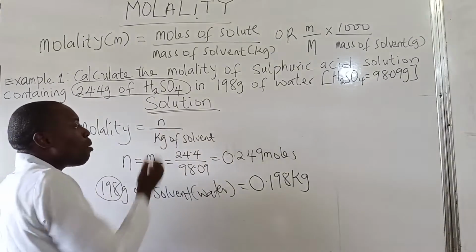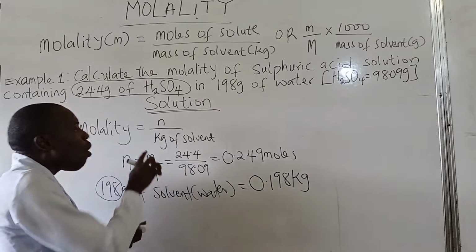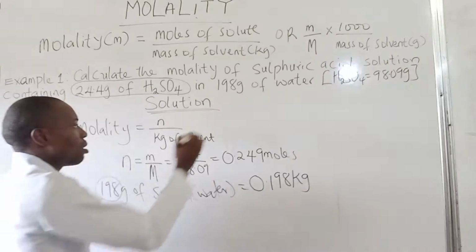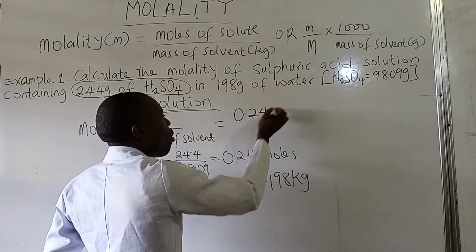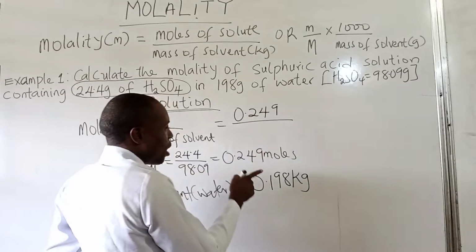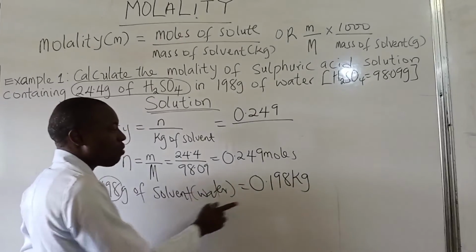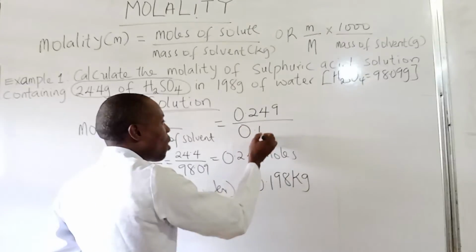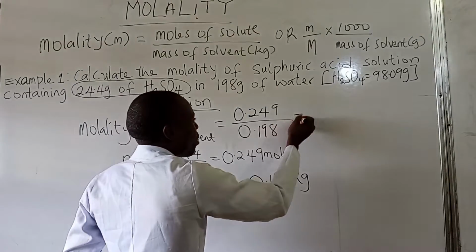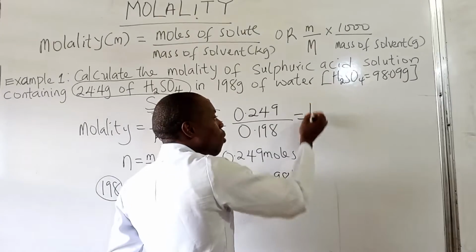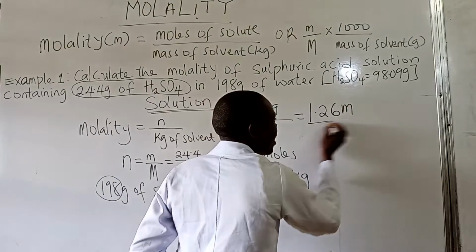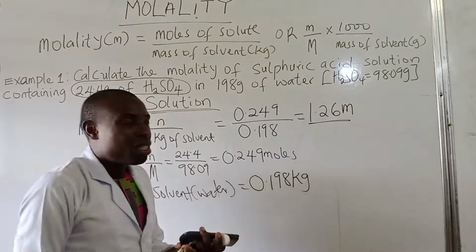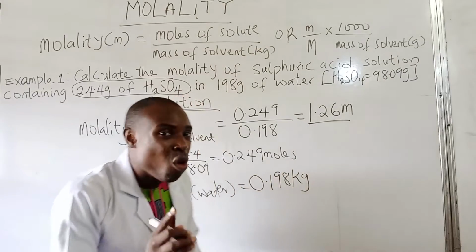The molality is equal to the number of moles of the solute over the kilogram of solvent. The moles is 0.249 over the kilogram of the solvent, which is 0.198. Together we have 1.26 molal. Take note, molal, not capital letter M, but small letter m.